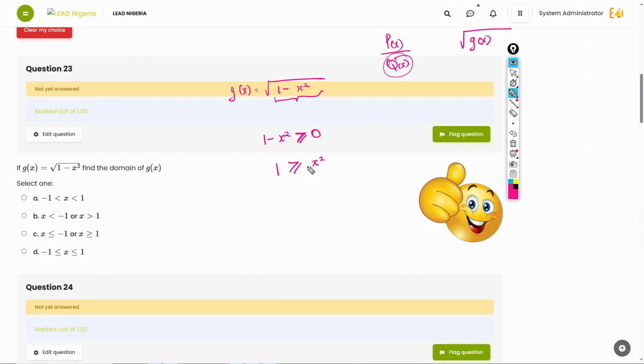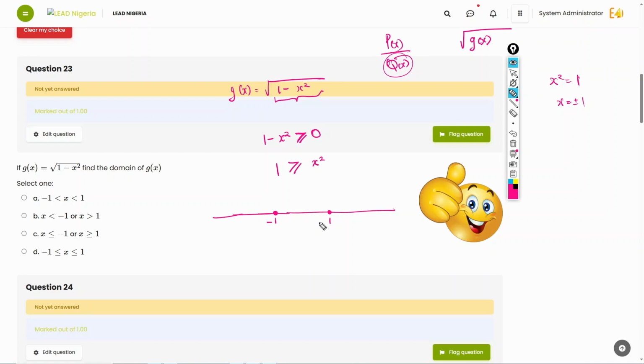So I know that if I'm solving for where x squared is equal to 1, that would be plus or minus 1. So I'll just draw a number line here and mark negative 1 and 1, which are where x squared would actually be equal to 1.